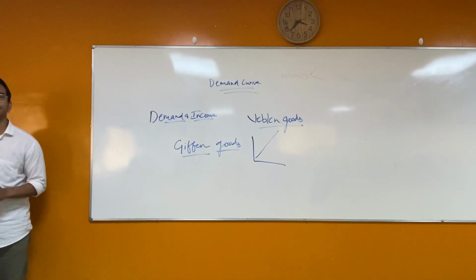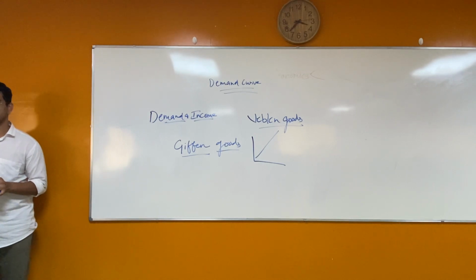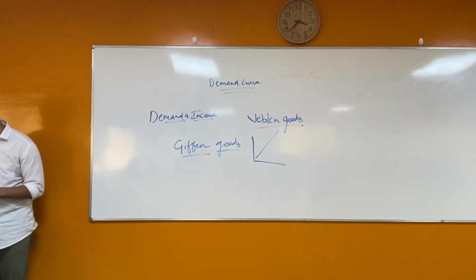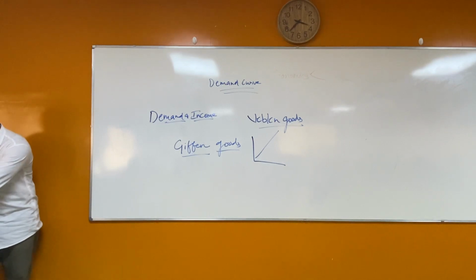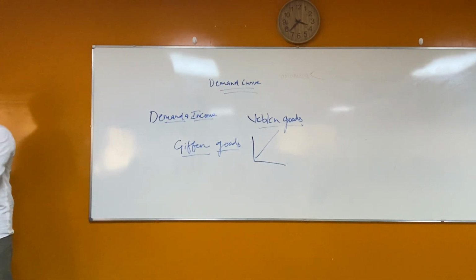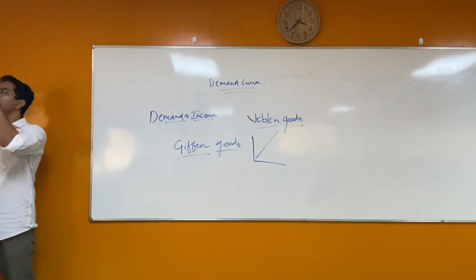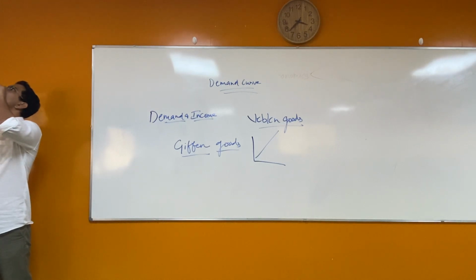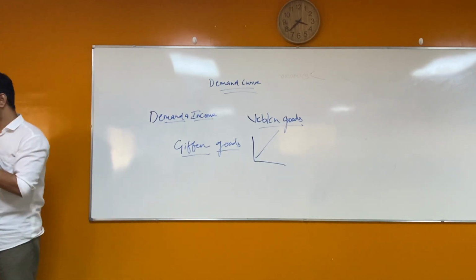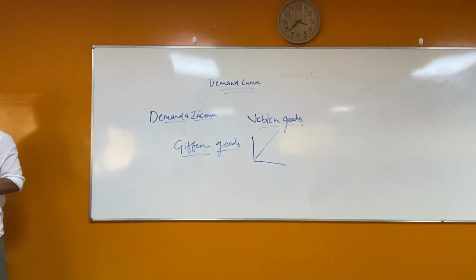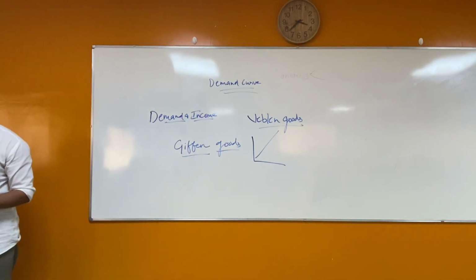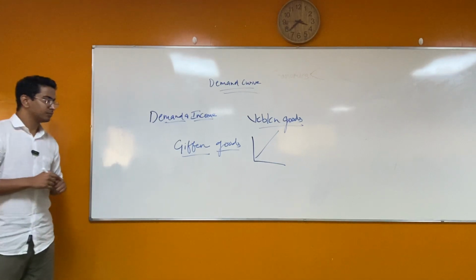What are merit goods? These are goods which add value to the society, like pulses, millet, health, education. Then what are demerit goods?